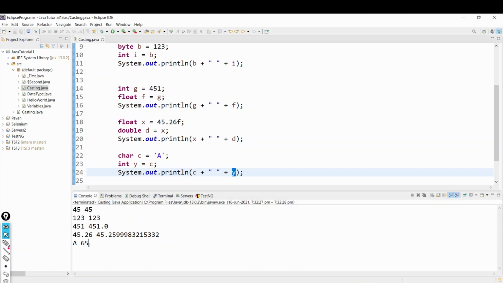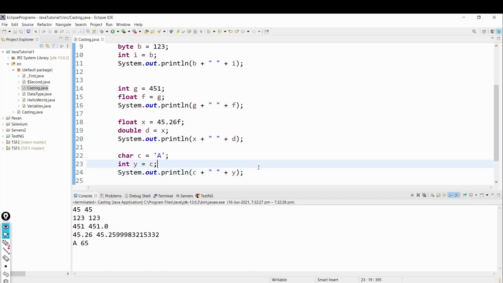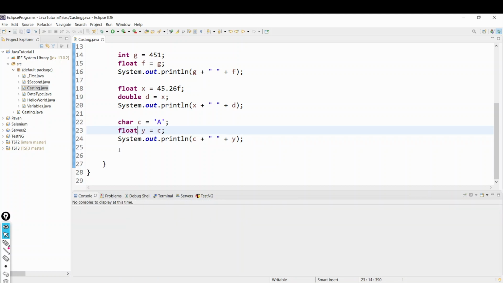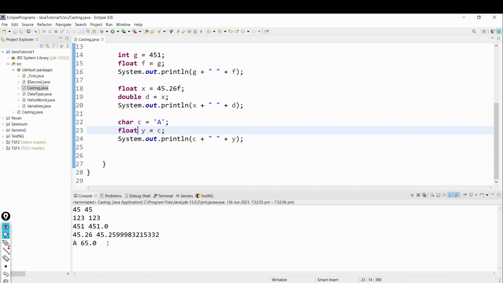The ASCII value for capital letter A is 65, that's the reason it is coming out to be 65. Clear to everyone? And if I say float over here, again it fetches the ASCII value 65, but since float is a floating point number, it just converts it to a decimal, that is 65.0. Clear to everyone? So we discussed what is implicit typecasting.